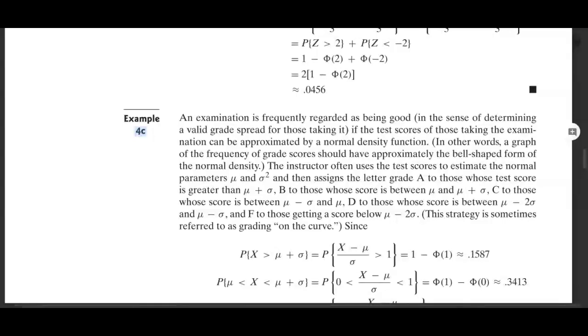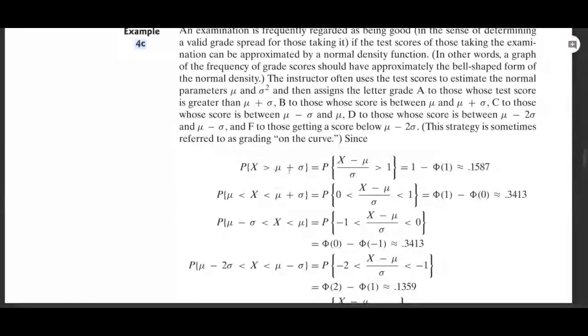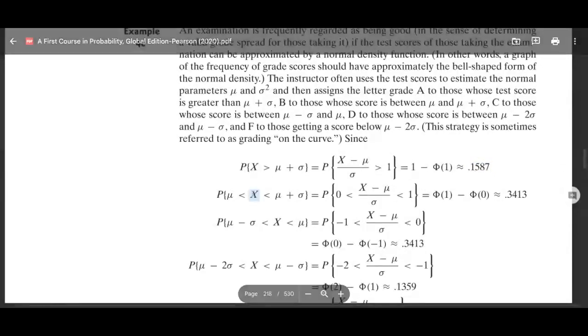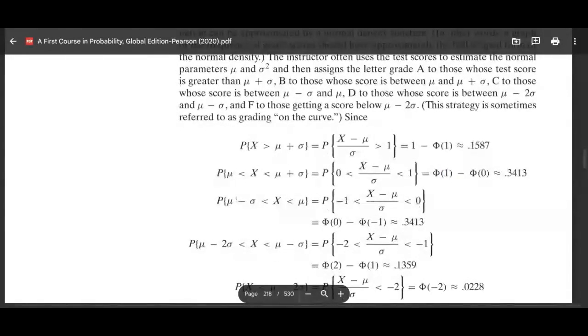Okay. Since the probability of the random variable being greater than mu plus sigma, converted into z-score, that's greater than 1, that's 1 minus this, that's about 16%. And X in between mu and mu plus sigma, that's about 34%.